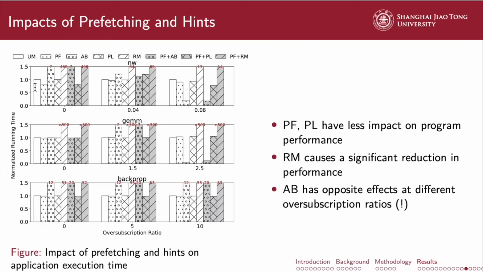However, when above the launch ratio, AB shows to be a preferable policy. For example, for NW, AB becomes 5 times faster than UM above the launch ratio.